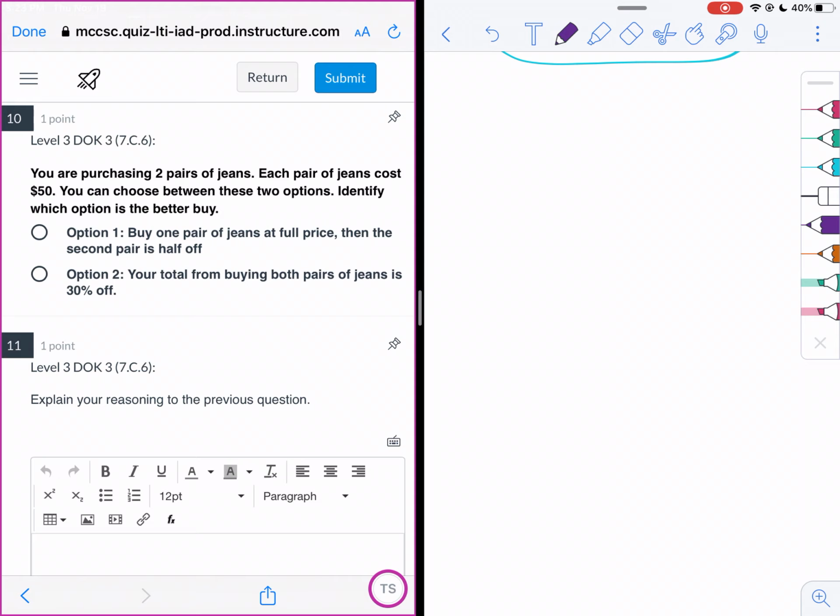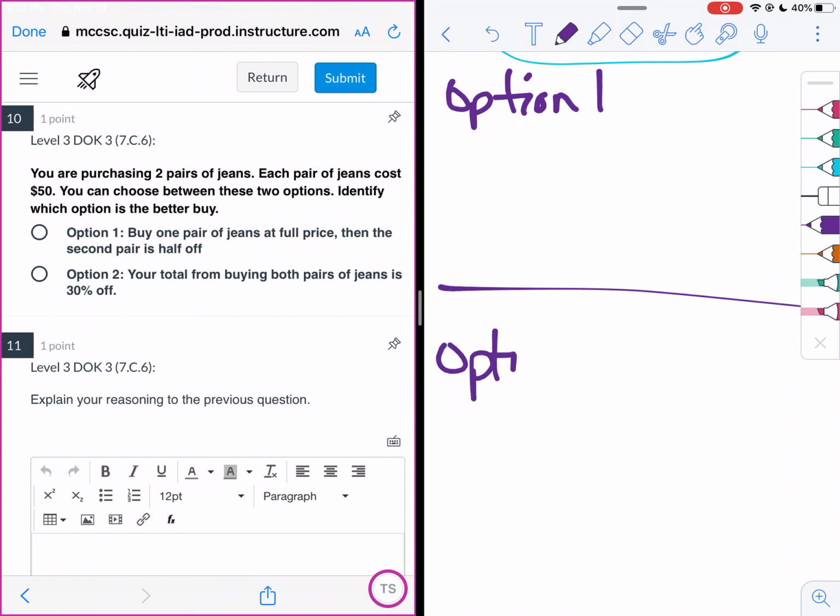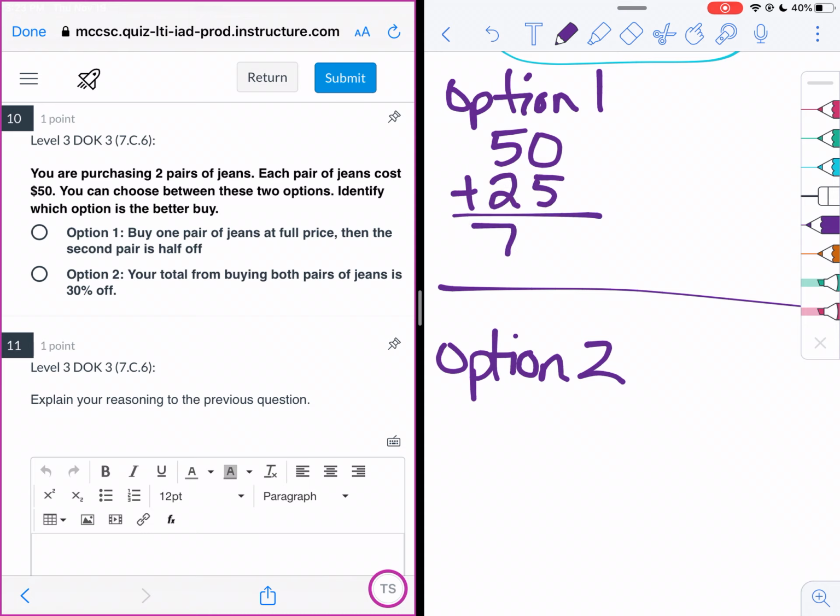Alright, so we have to figure out our total for each one. So option 1, you're buying 1 for full price, and then 1 for half price, which half of 50 is 25. So our total there would be $75. So option 1, our total is $75.